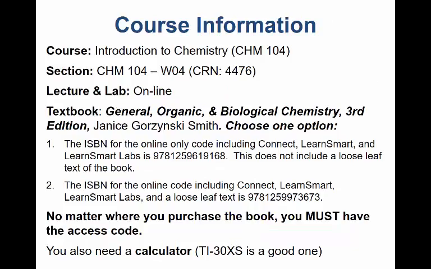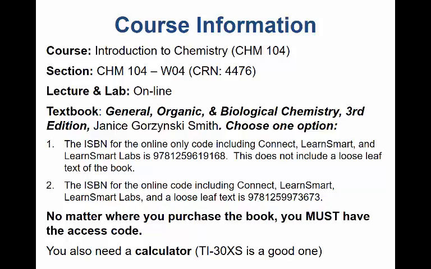Now, this is Introduction to Chemistry, as you know, and our section is W04, and that's your CRN number if you ever need it. Your textbook is in the bookstore. It's General, Organic, and Biological Chemistry by Smith. Now, you choose one of the options. You either buy just the code that has Connect, LearnSmart, and the LearnSmart Labs in it, and that's the ISBN.